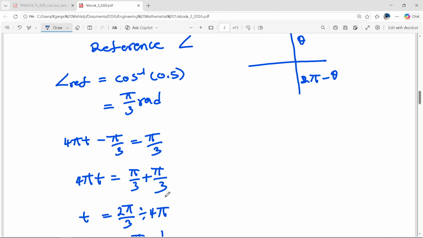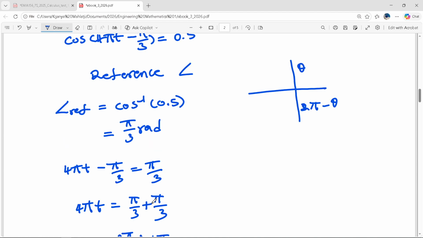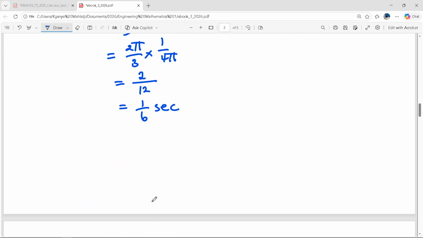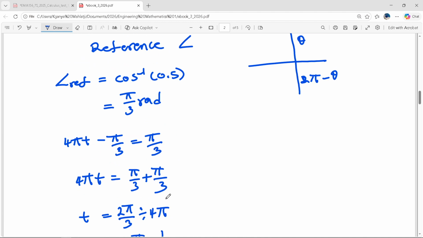Okay, then let's consider the other quadrant. We can do it on this side, and you say 4 pi t minus pi over 3 equal 2 pi minus the reference angle, so 2 pi minus pi over 3.